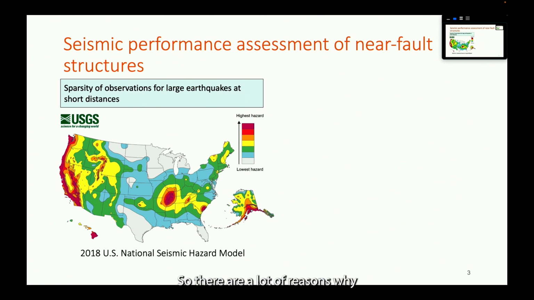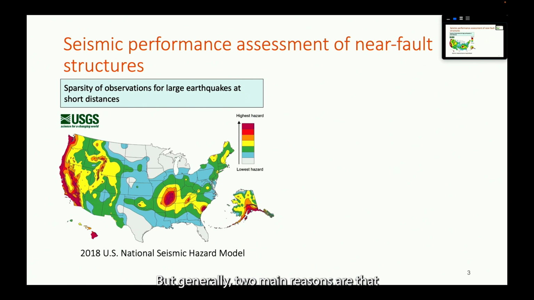So there are a lot of reasons why there are challenges with the performance assessment of structures that are closer to the fault than those that are further away. Those are what we call near fault structures, typically defined within 10 to 15 kilometers, depending on the magnitude that the fault is capable of.